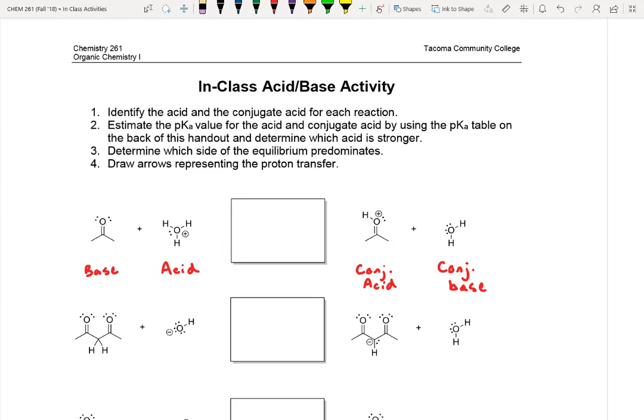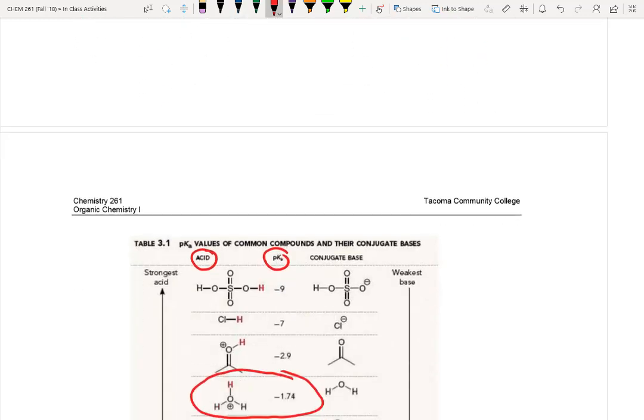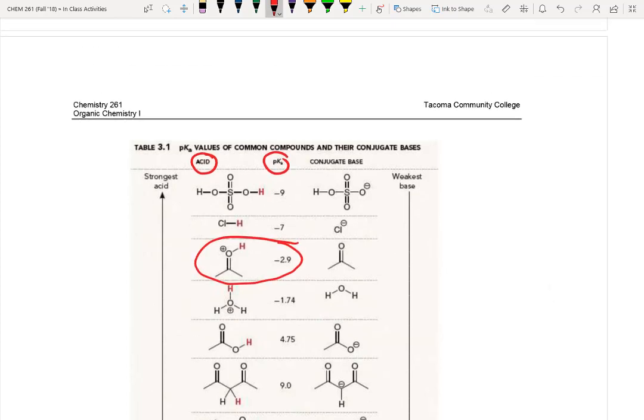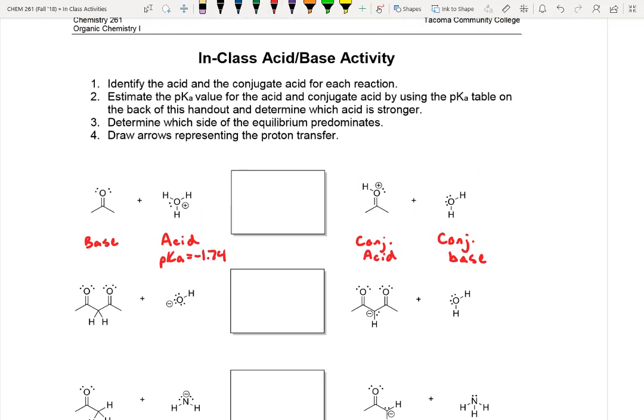So all right, pKa equals negative 1.74 here. And then we need to find the pKa of our conjugate acid, which in this case is protonated acetone. So let's go look at the chart. Protonated acetone is actually right above it. It is negative 2.9. So let's plug that in. We'll say conjugate acid has a pKa of negative 2.9. Let me slide this up.